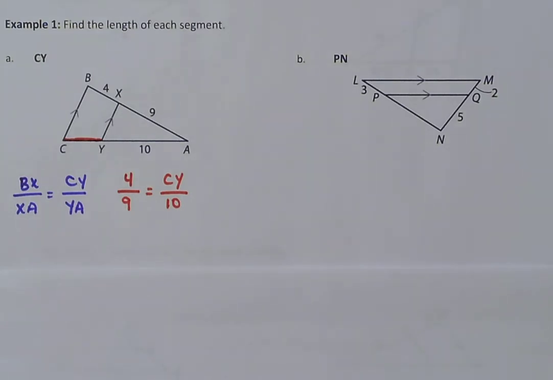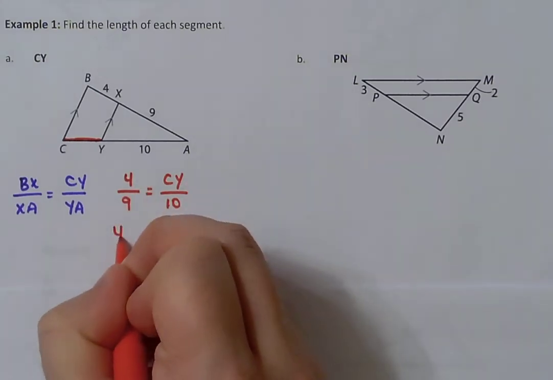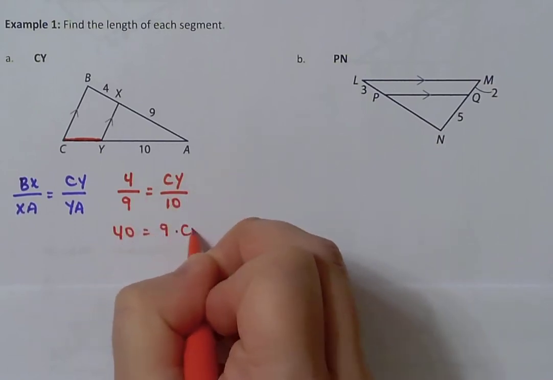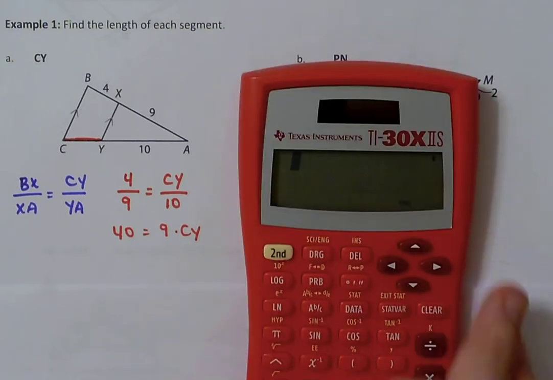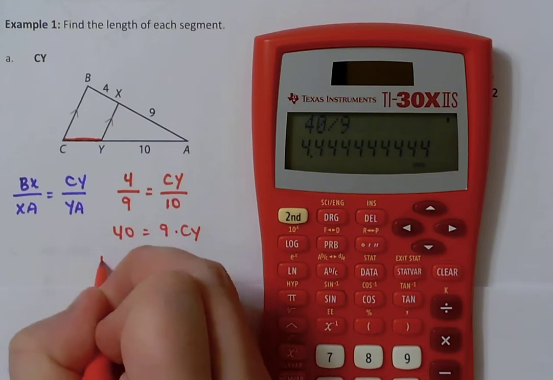So from here, all we have to do is cross multiply and solve. So if we do 4 times 10, we end up with 40, and then 9 times CY is just 9 times CY. And then from there, all we have to do is divide. So you just use your calculator. And if we do 40 divided by 9, we end up with 4.4 repeating.